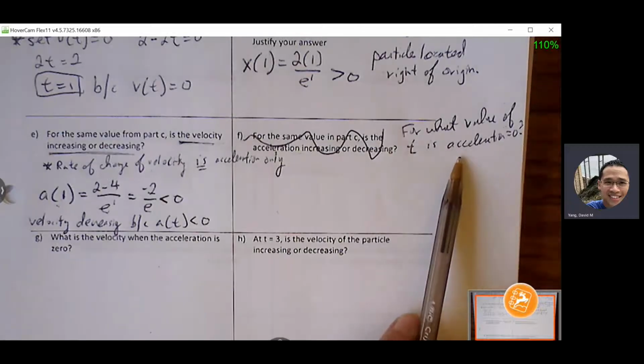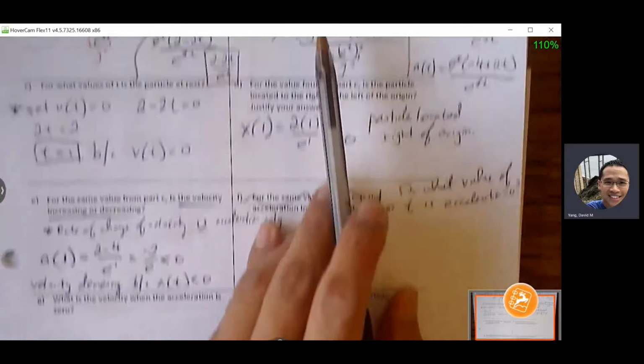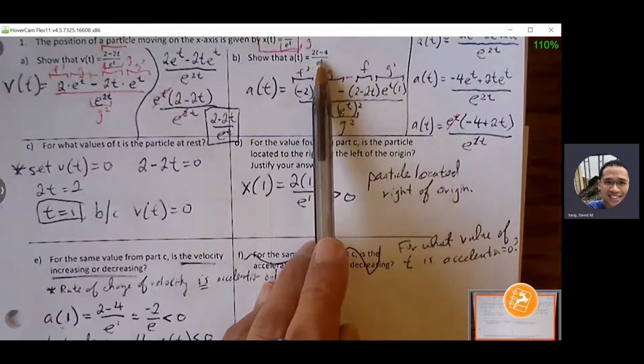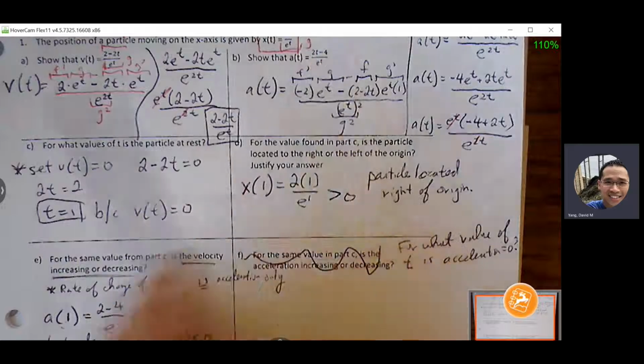So all we need to do is set acceleration equal to 0. Again, numerator only. We only care about the numerator. Denominator is not going to give us that information.